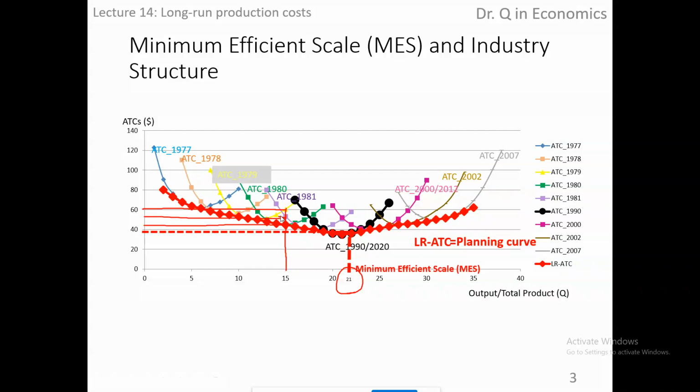This is called minimum efficient scale. It is the smallest output that minimizes not only short-run average total cost, but also long-run average total cost.